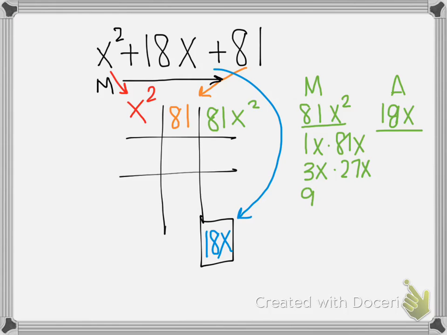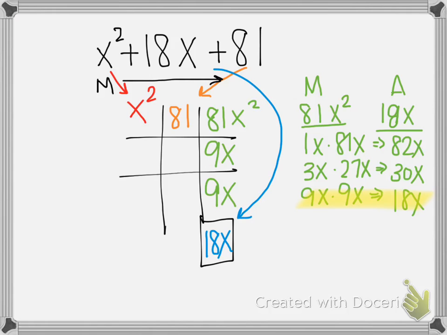And then you have 9x times 9x. So which one, when we add them together, so that's 82x, that's 30x, and this is 18x. So, we found that it's 9x times 9x will give you 18x.